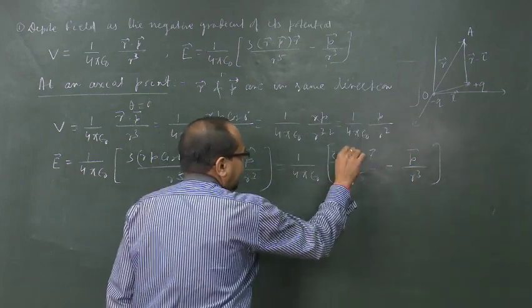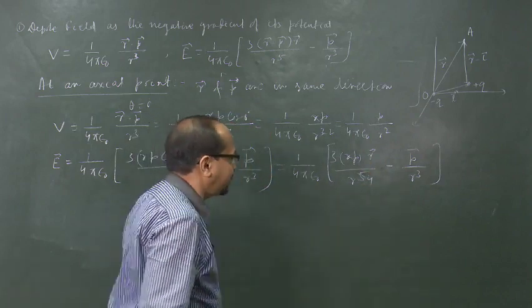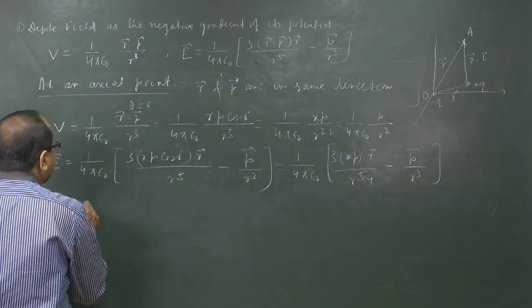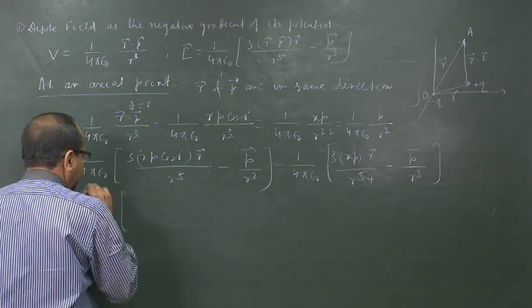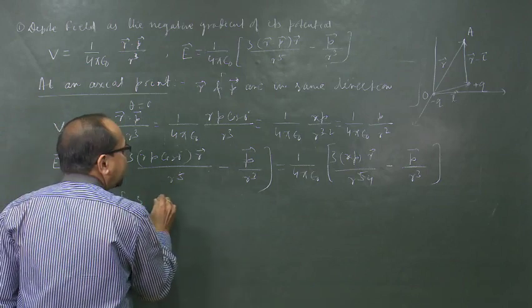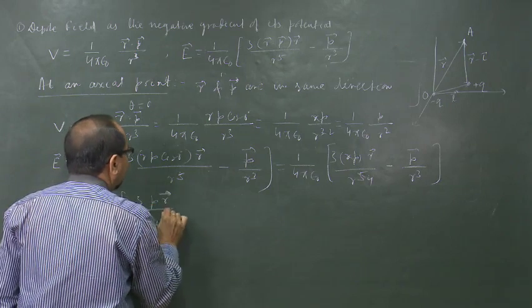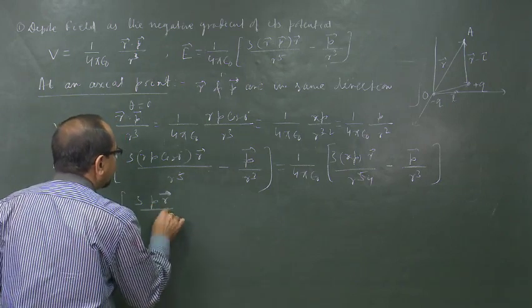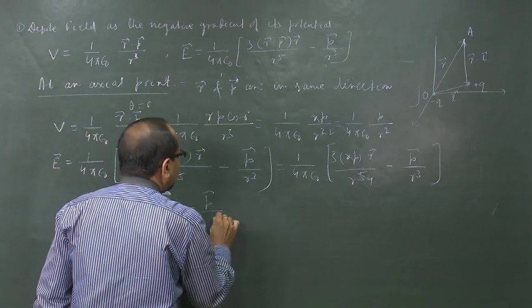Here this r now cancels with r to the power 5 and it becomes r to the power 4, and it becomes 1 by 4 pi epsilon naught, sorry, 3 into p into vector r divided by r to the power 4 minus p by r to the power 3.